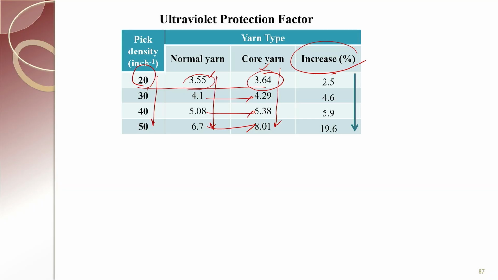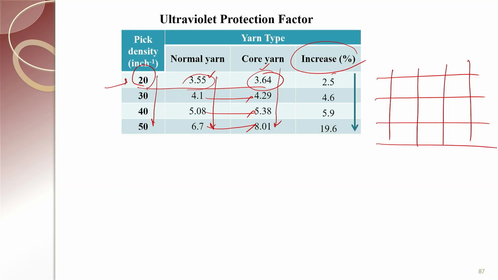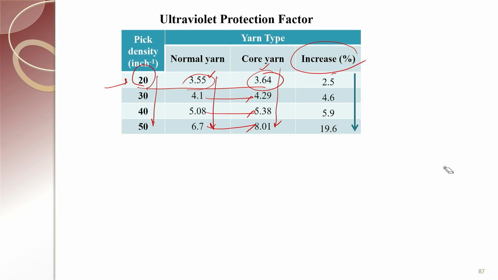If you see the percentage increase in UPF value for 20 pick density, that is for open structure, so only we are changing the pick. I will draw only the pick for open structure. These are the waved yarns.